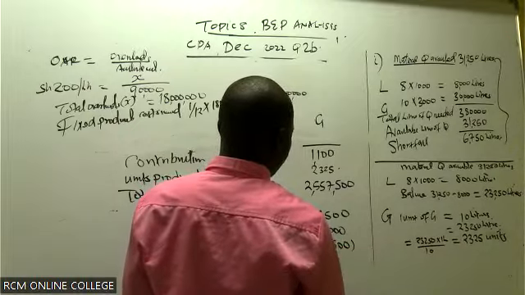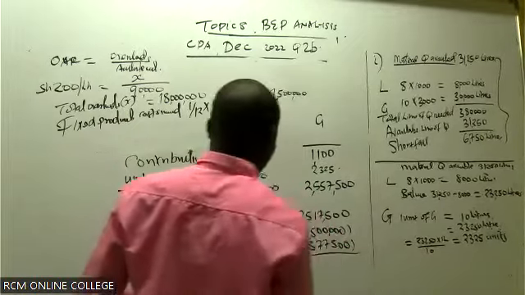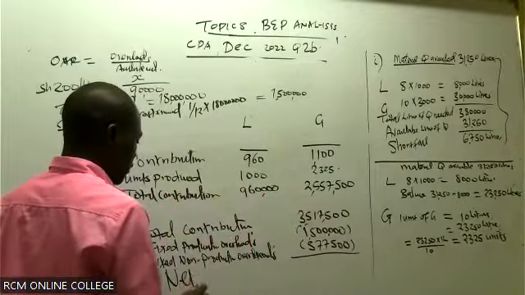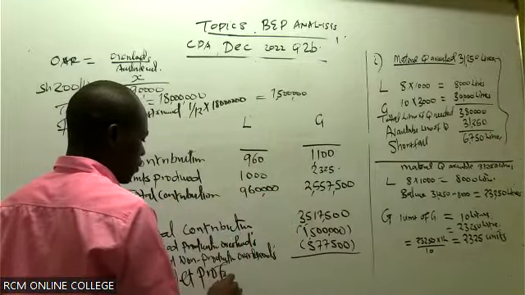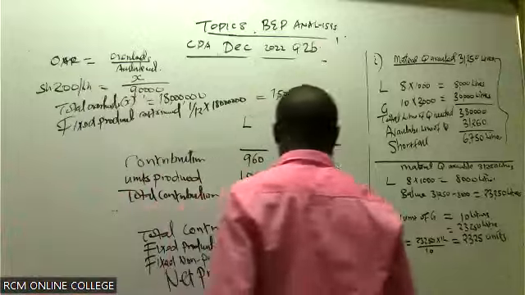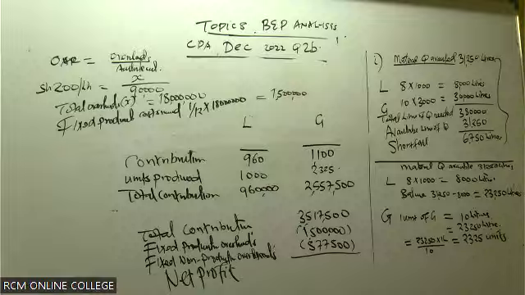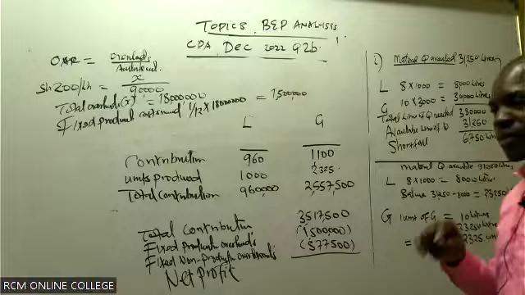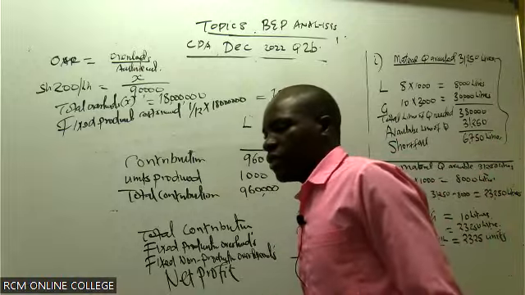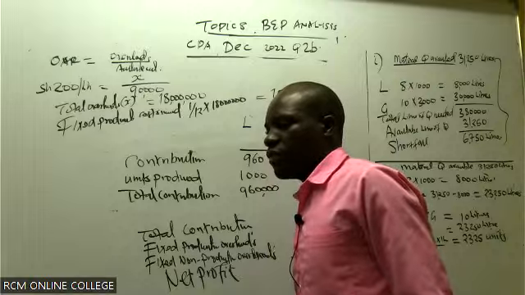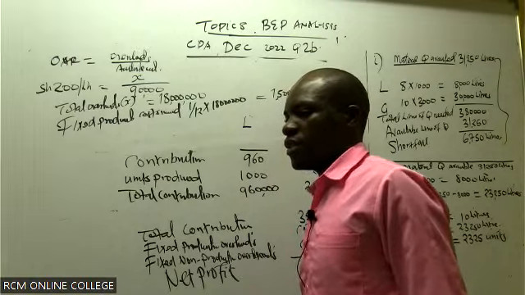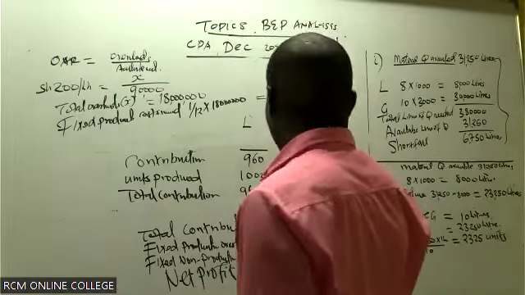Now it is easy to know. Are you able to give us the net profit for this company? The net profit for the company is 1,440,000.